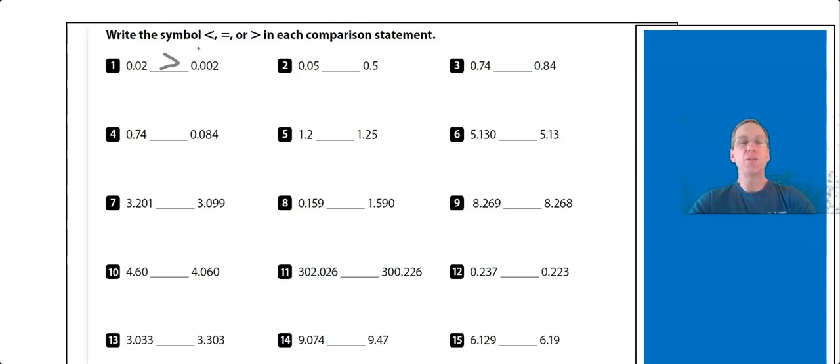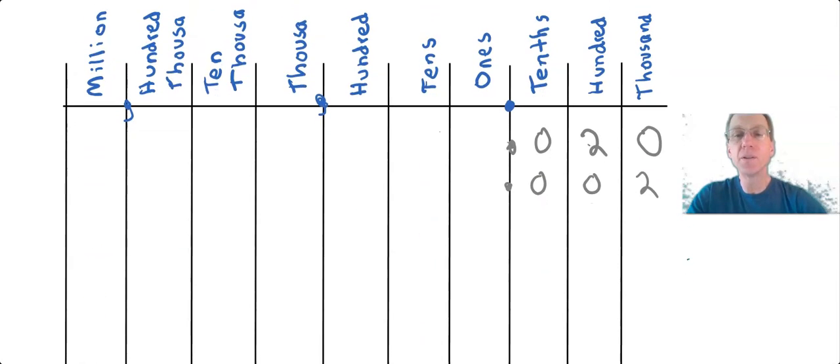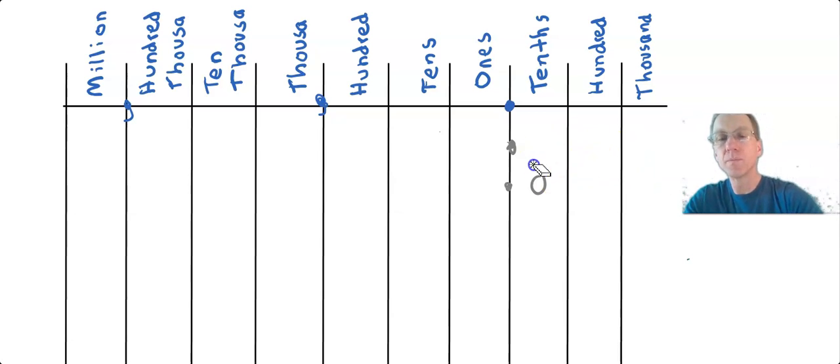So the strategies you can use for each one of these is you could put each one on a place value chart. Here's 500ths and 5/10ths. We could do the same thing. First one is 500ths, and then you have 5/10ths.